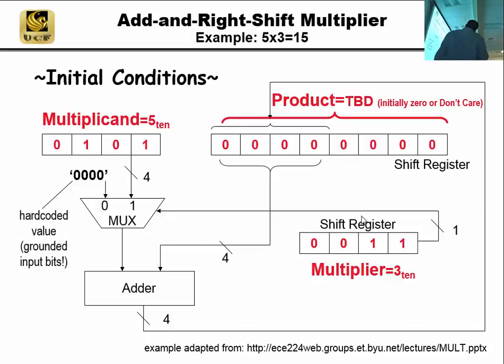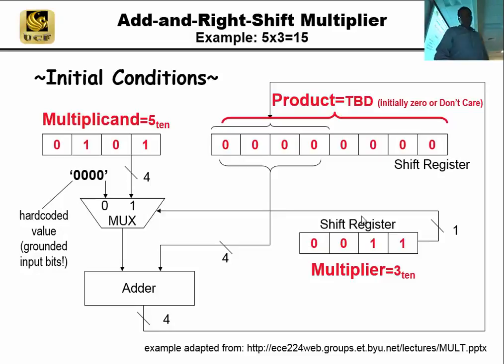So here's 5, and the product is going to be 2n bits, because when we multiply n bits times n bits, I get 2n bits. And the way this works in the add and right shift is I'm going to add, put that in the shift register, and then shift it right. Okay. So we're going to keep doing this. We keep shifting this right.